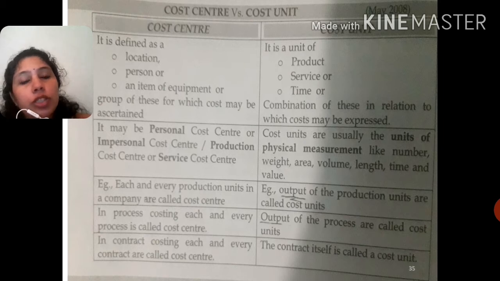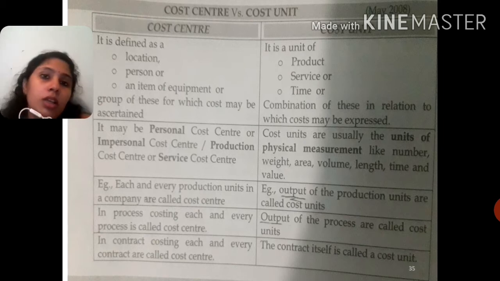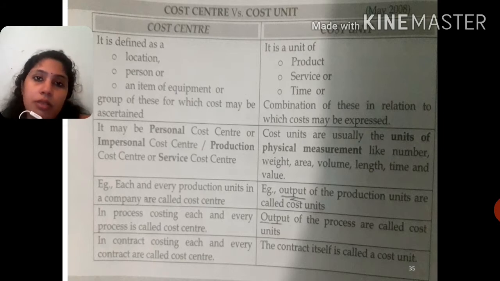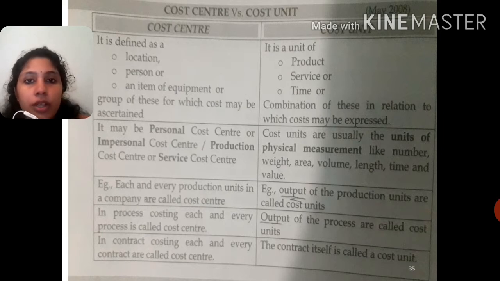Come to the cost unit column. See the first point. It is a unit of product, service or time or a combination of these in relation to which cost may be expressed. Bring the last example to your mind, Chandrika soap production.